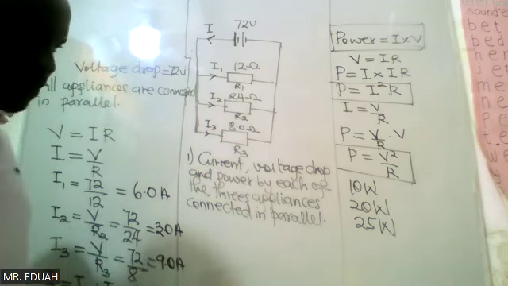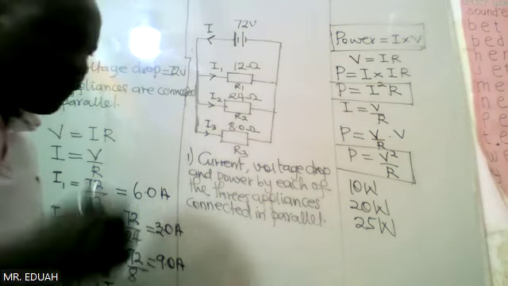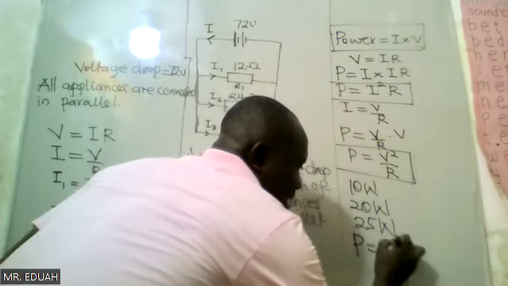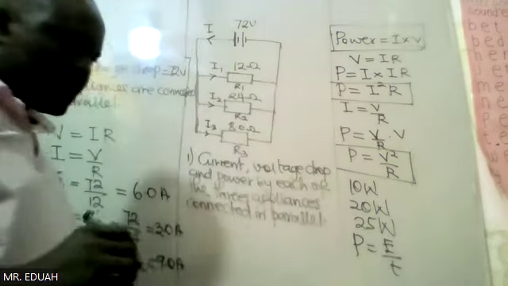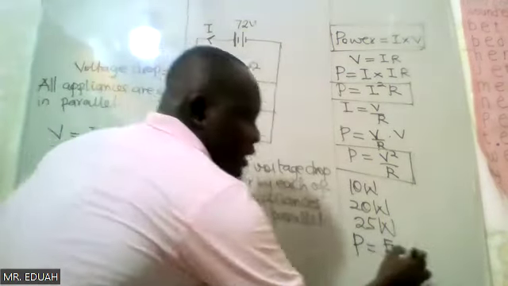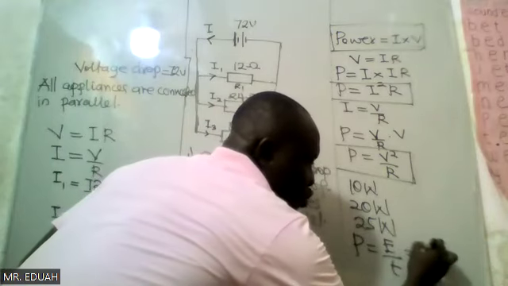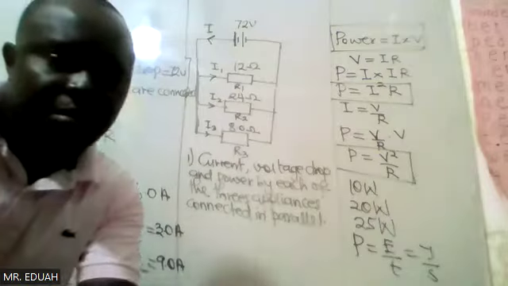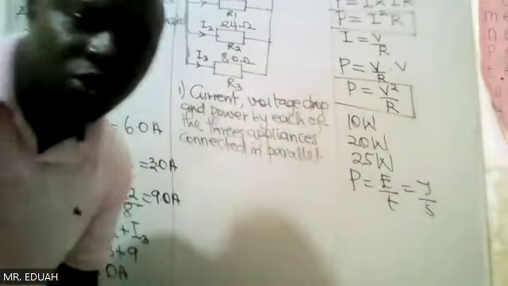Because when we talk of power, it is energy over time. So the SI unit is joule per second. But this was honored to my good friend Watt.